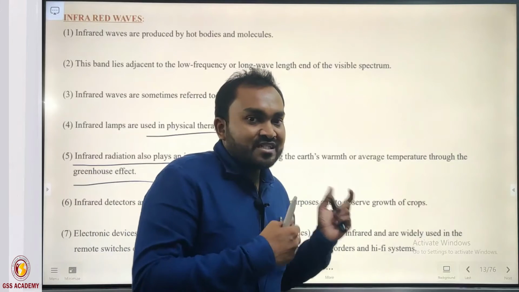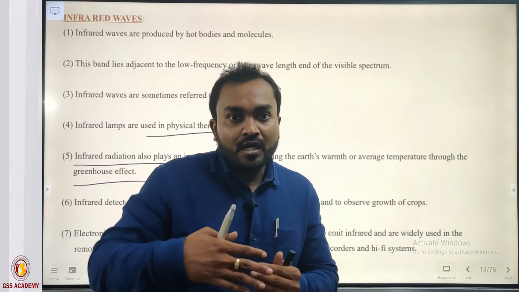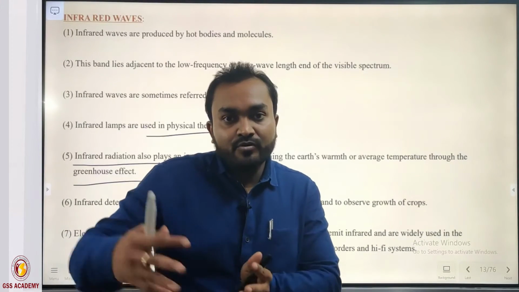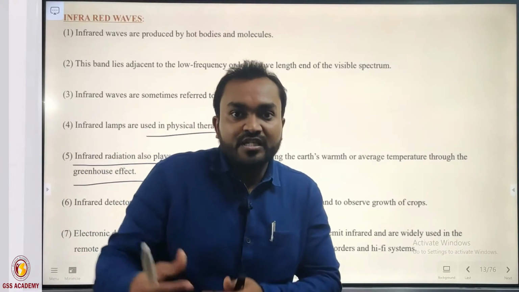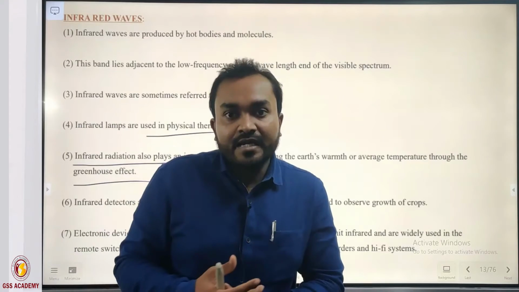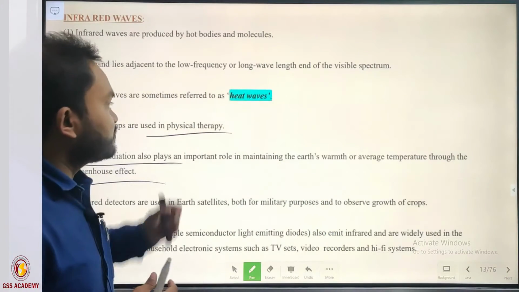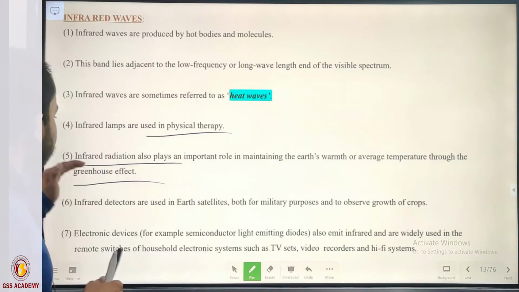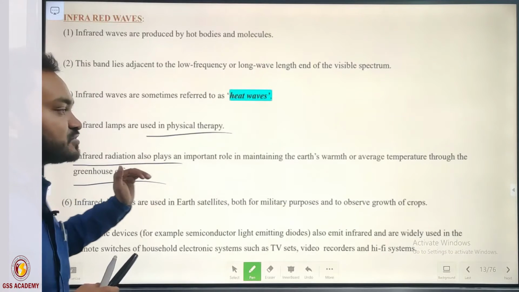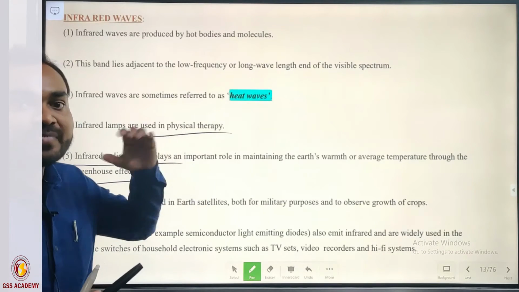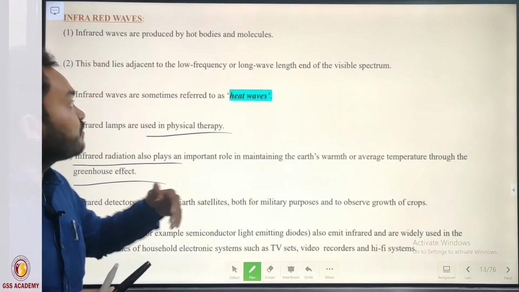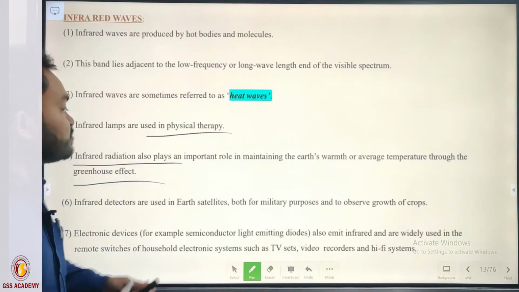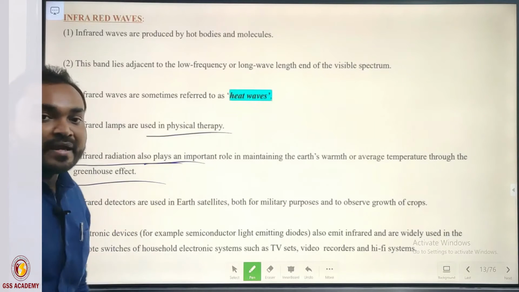So this course is basically designed to give you an idea about how electromagnetic methods are according to your syllabus and according to the GATE exam. That's why this kind of question may be asked in your GATE exam: for infrared in the greenhouse effect, which band, whether it is infrared or your radio wave or your visible band, will play an important role in maintaining the Earth's warmth.